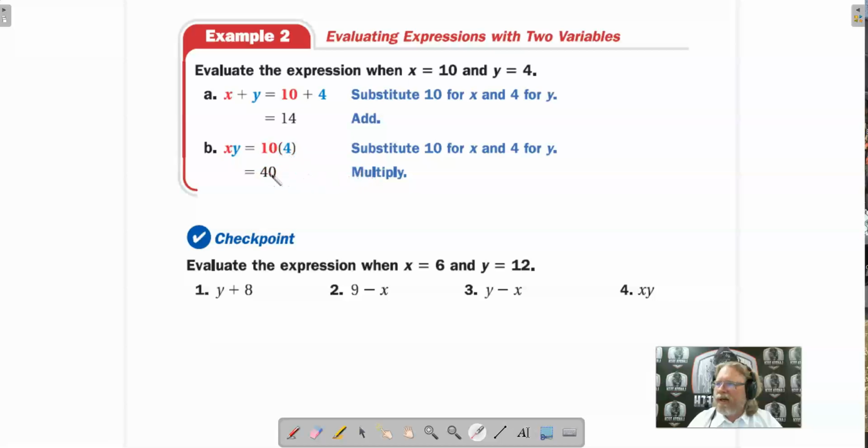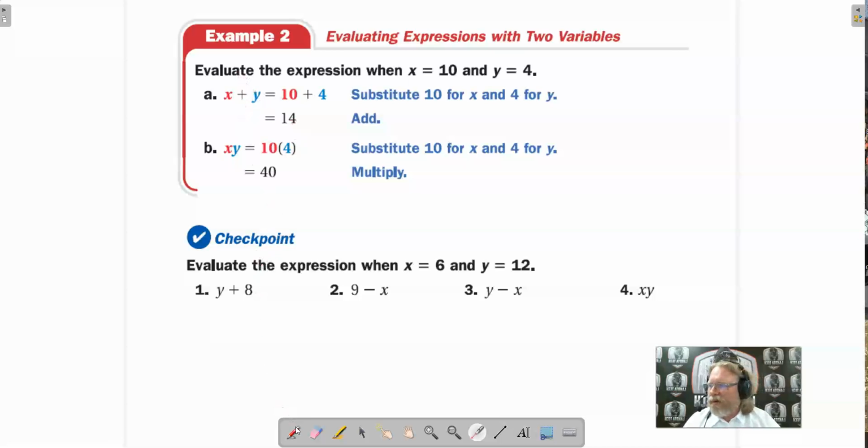We multiply, and indeed we get our solution of 40. So whenever we evaluate each of these expressions for x equals 10 and y equals 4, we come up with numbers that tell us the value of the expression, and actually solving to an answer is known as evaluating.